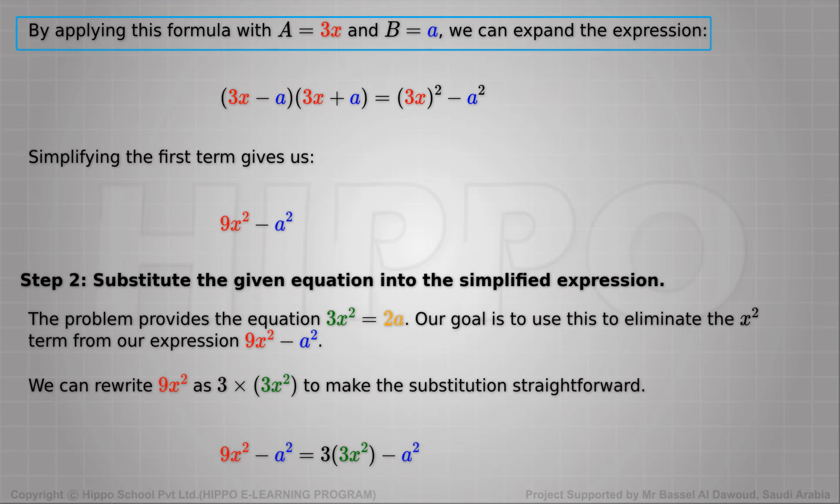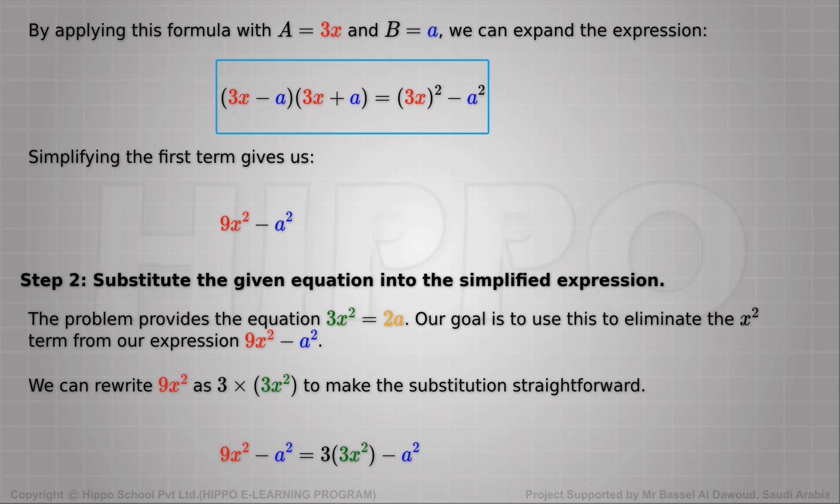Now, let's apply this formula. In our expression, the term in the a position is 3x, and the term in the b position is a. So, following the formula a squared minus b squared, we get (3x) squared minus a squared.